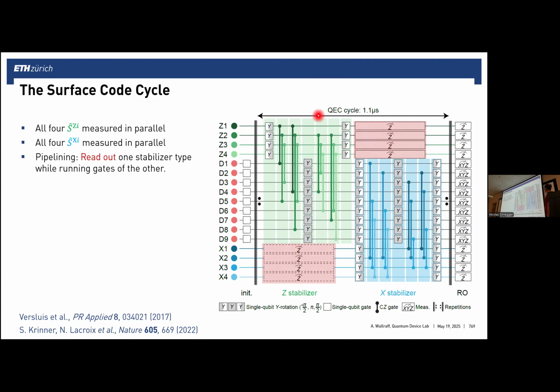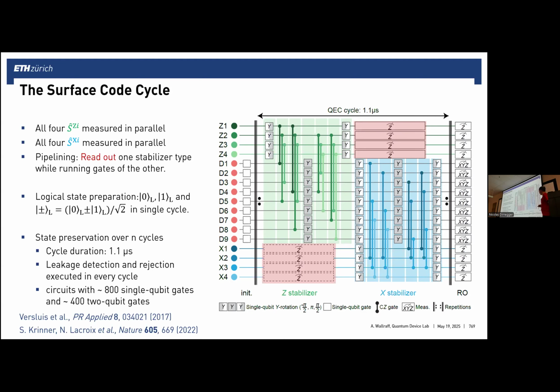That allows the cycle to be around 1 microsecond. If your auxiliary qubit readout was much longer than your gate sequence, that would extend the duration of your cycle, and that would reduce the performance of your surface code.